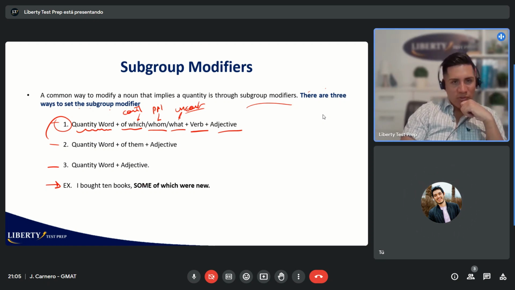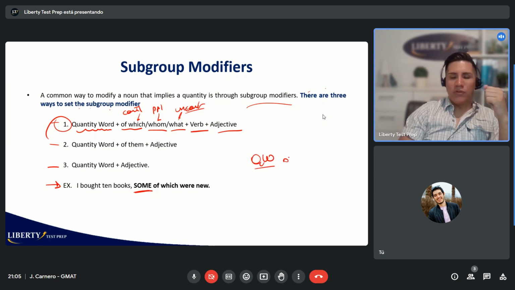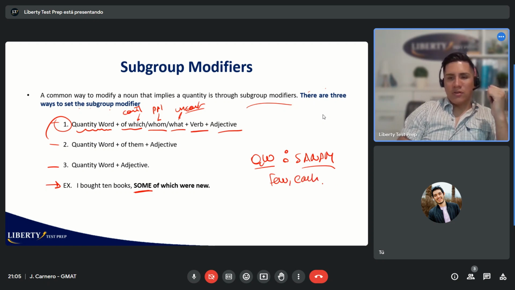Okay, here in this case, the quantity word was some. What other quantity words do you have? All the pronouns. Some, any, none, more, most, all. Okay, those are the pronouns. Then what else? Any words like few, like each, like every.